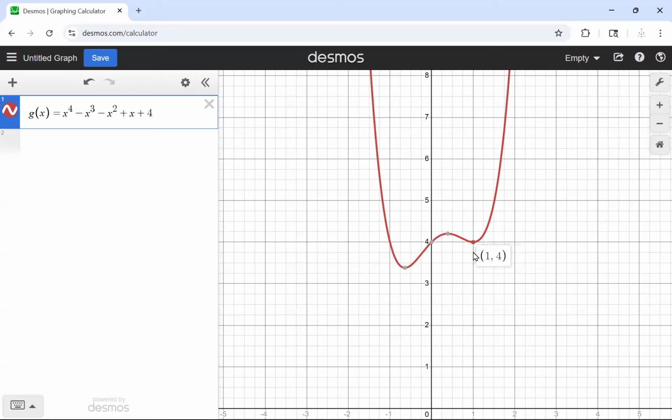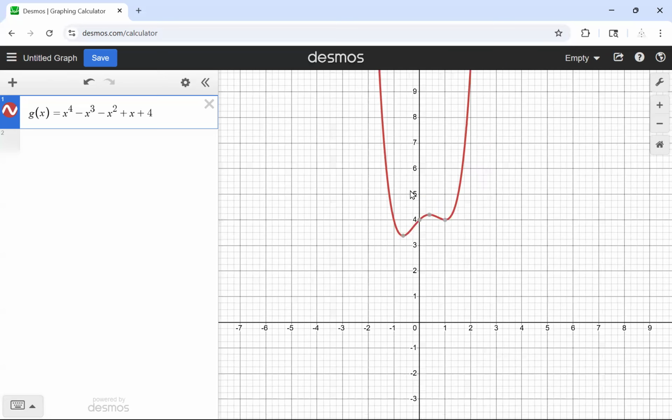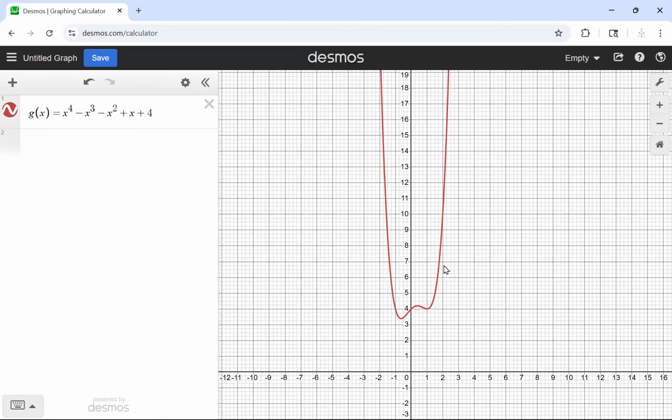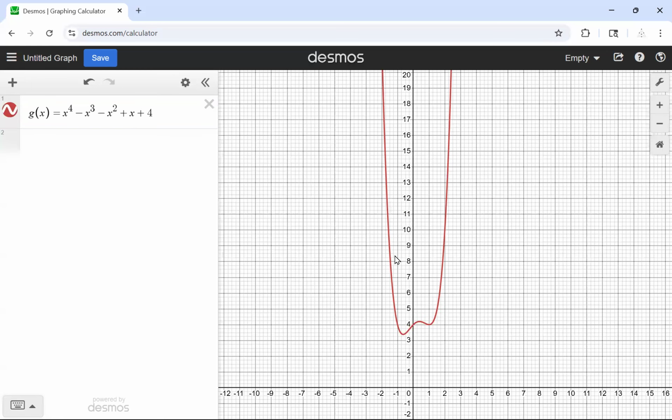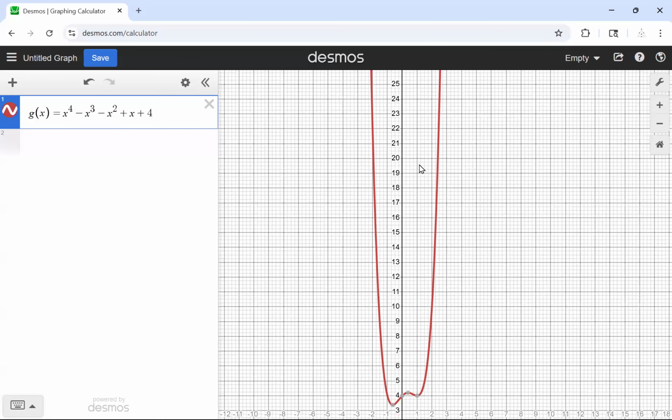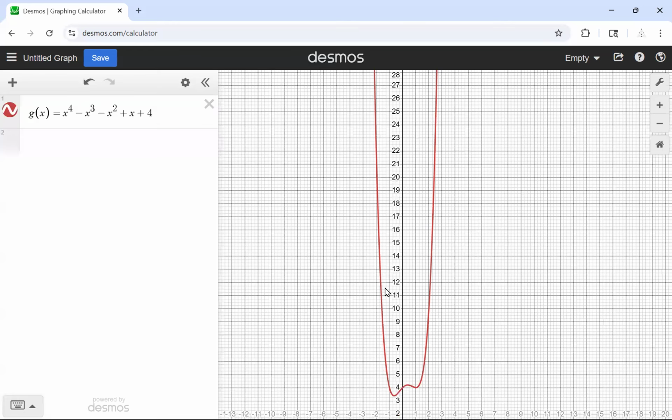If I plugged in +1, I'd get (1, 4) as another point on the graph. Now, you can zoom out on Desmos pretty easily, and you can see that, for instance, (2, 10) is another point on the graph. If I zoom out even further, you'll be able to see that (-2, 22) is another point on the graph. And you can do this pattern as far as you want.